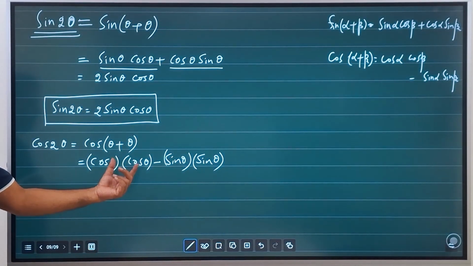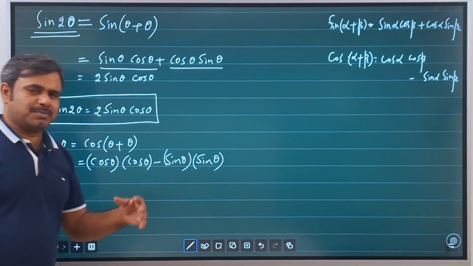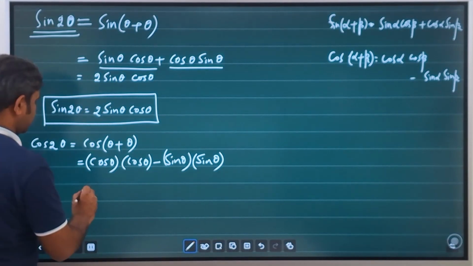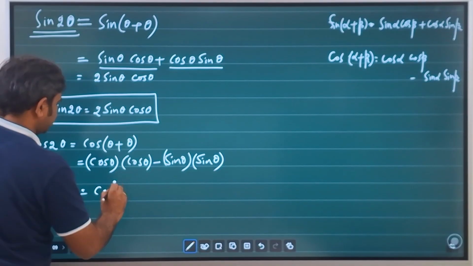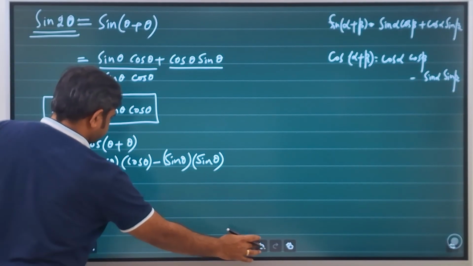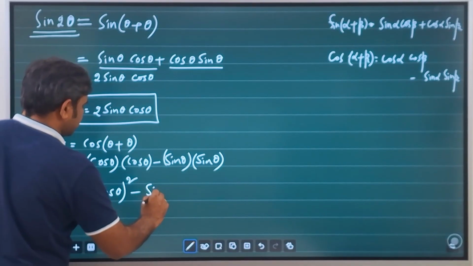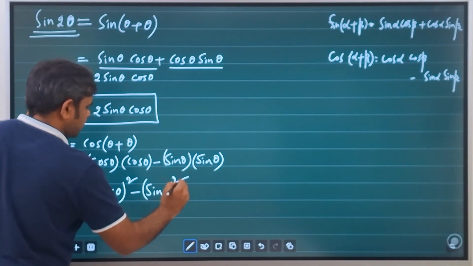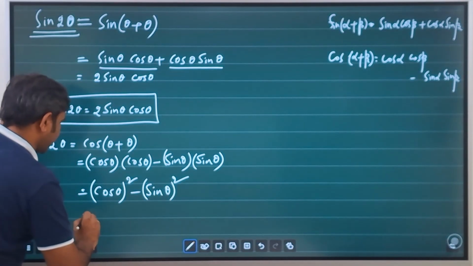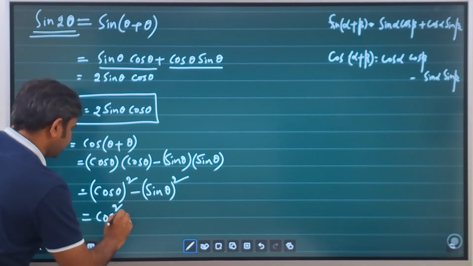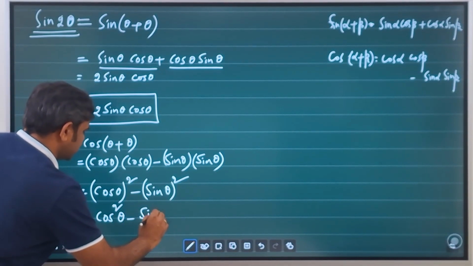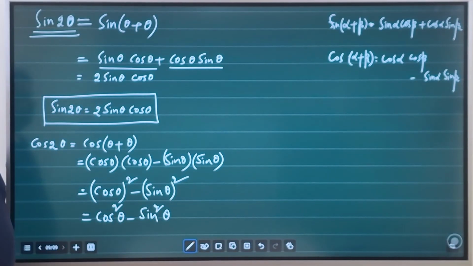Cos alpha into cos beta minus sin alpha into sin beta, which is equal to cos theta whole square minus sin theta whole square, which can be written as cos square theta minus sin square theta.